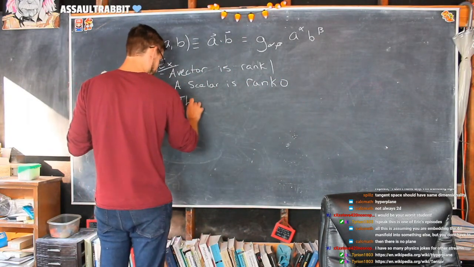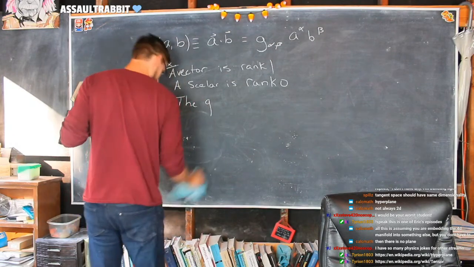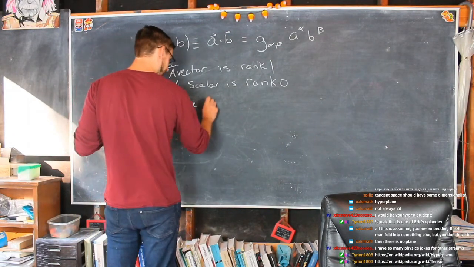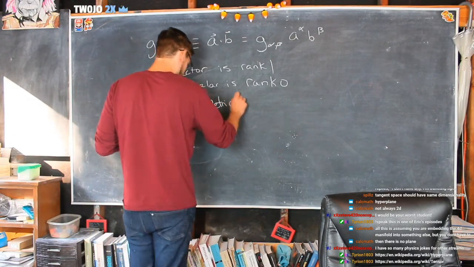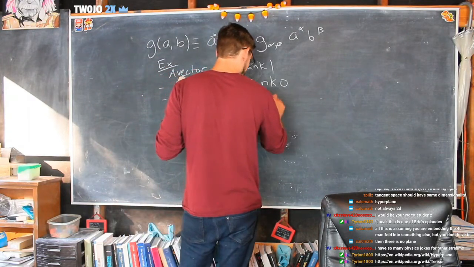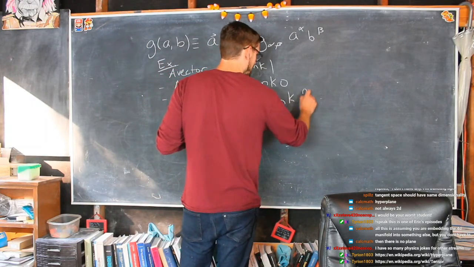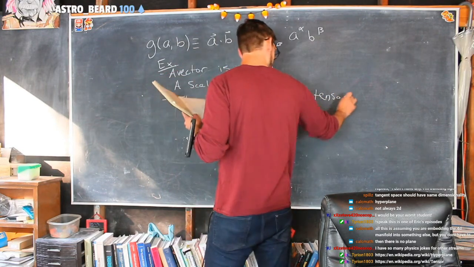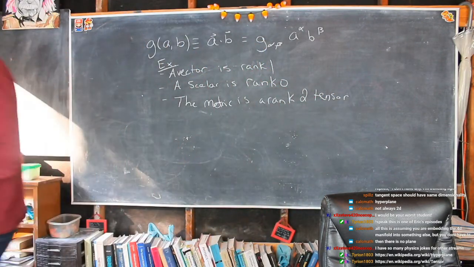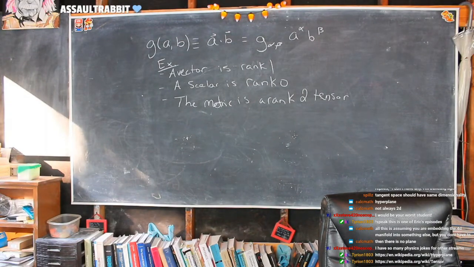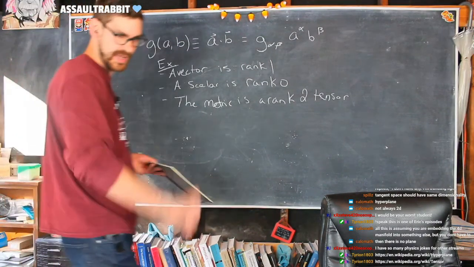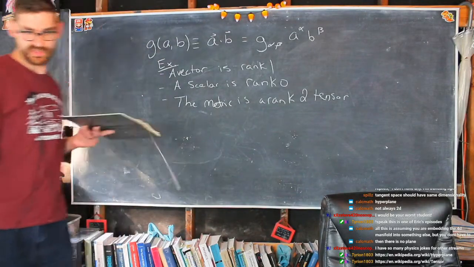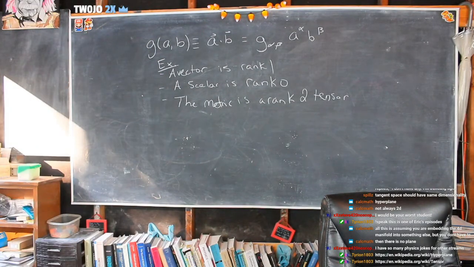And the metric, as I write the metric, is a rank 2 tensor. Okay, and I think these are very important tensors for us, and these are things that you've seen throughout high school and college and things like that. Every time you dealt with a vector or a scalar function or anything like that, you've always been dealing with tensors.